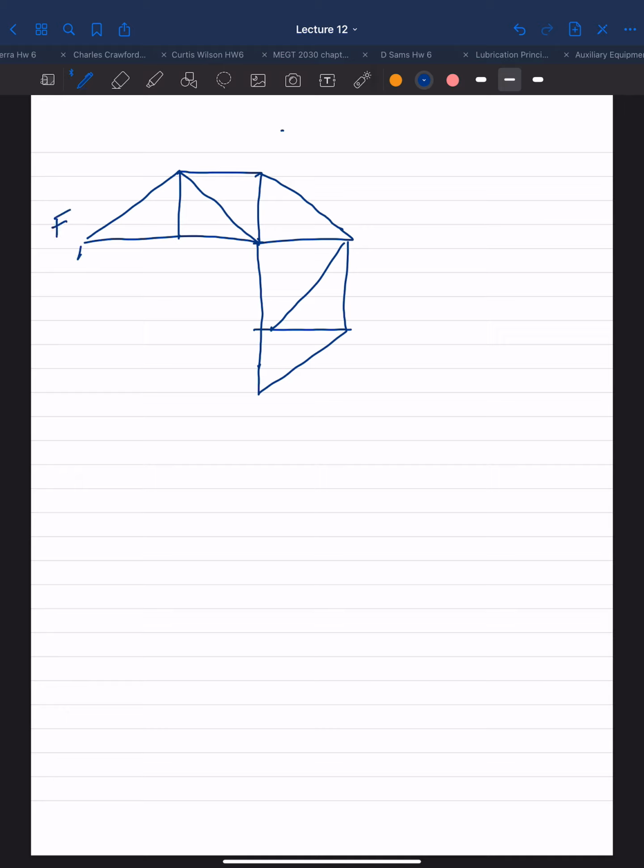Here is F, and our Fy, E, G, H, D, C, B, I, A. So solving for DC, HC, and HI, we cut through DC, HC, HI. That's where our cut is going to be.